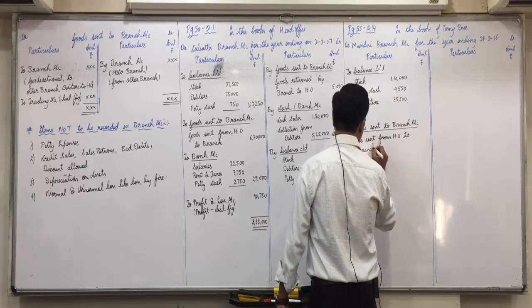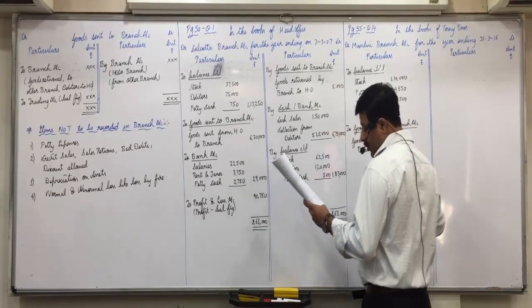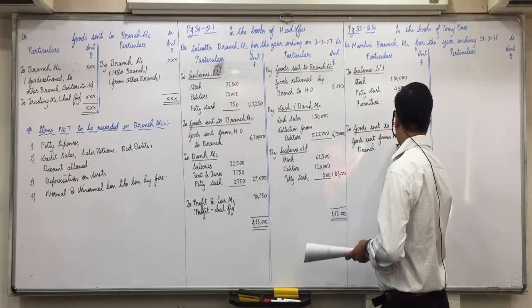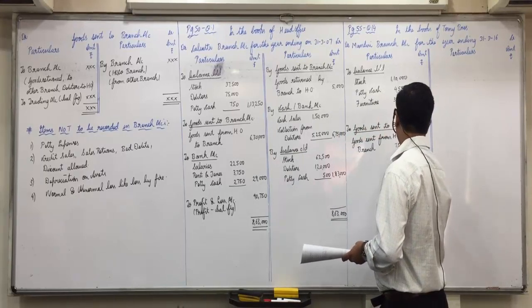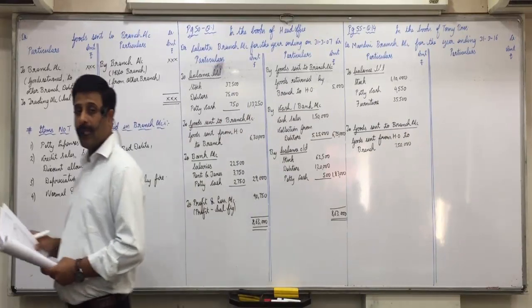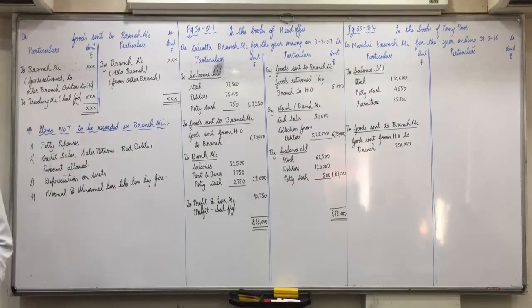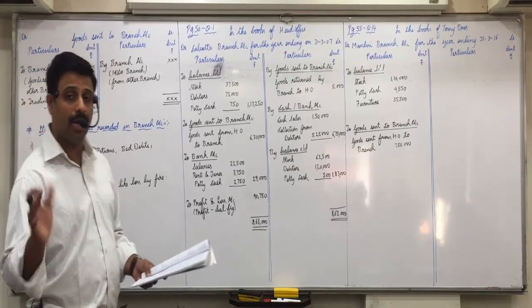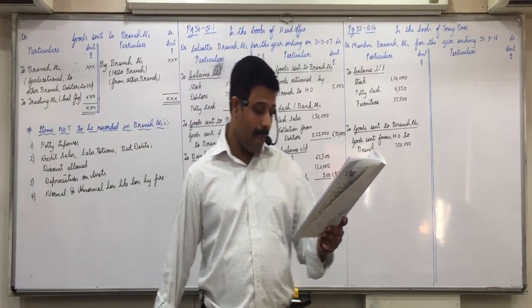These are goods supplied by head office. So 7,50,000. Always write the things in inner column only. At the end, if other items are not there, you can take in outer column. Okay? Because generally every heading has more than one item. So always write the things in inner column. At the end of the question, after all the things are over, then we'll record the totals in outer column.